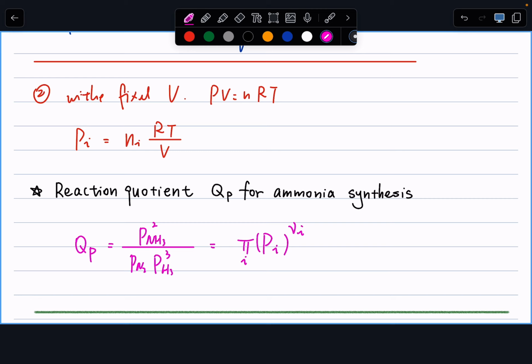The way to use the reaction quotient is, if my Qp is smaller than Kp, we have forward reaction. If my Qp is larger than Kp, we have backward reaction. We'll talk more about reaction quotient later on.